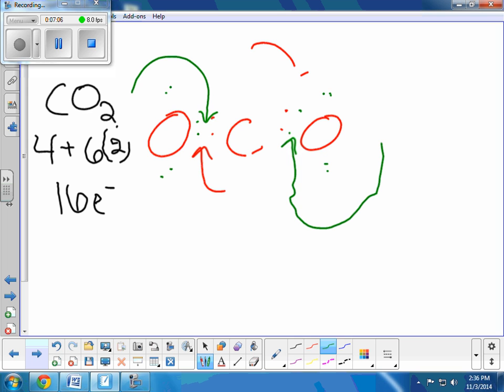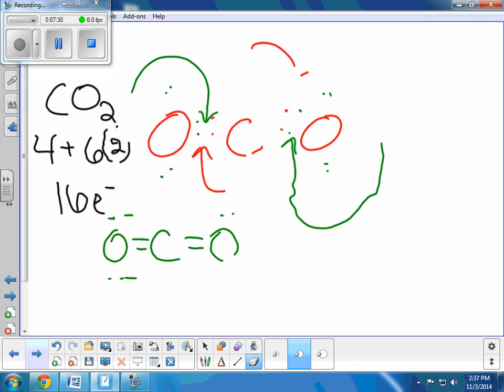If we wanted to rewrite this, I'm sorry, I messed that one up. There we go. And make sure to include your lone pairs of electrons. And my smartboard is not wanting to draw dots today. There we go. So now we have 2 double bonds in our structure.